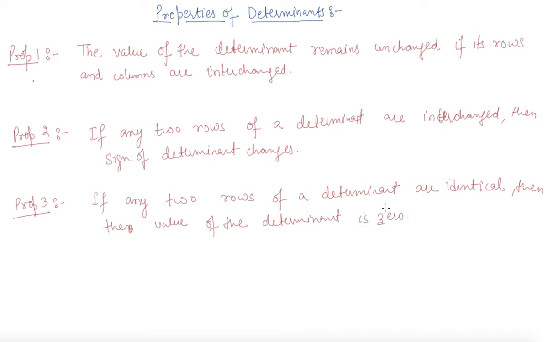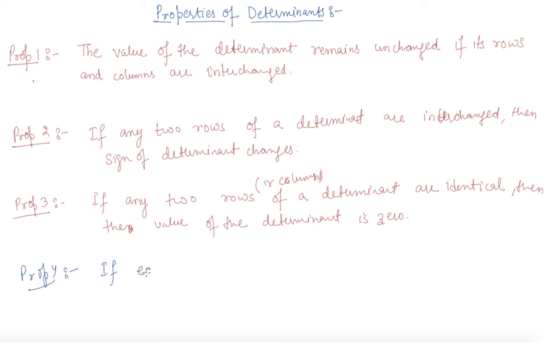So if any two rows or any two columns are similar, then we can say that the value of the determinant is 0. You can write: any two rows or columns. Now let's move to property number 4.